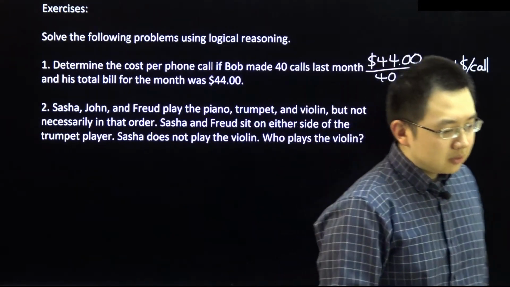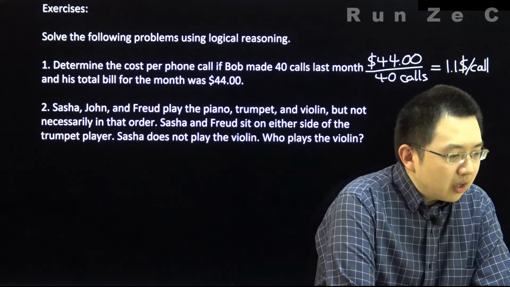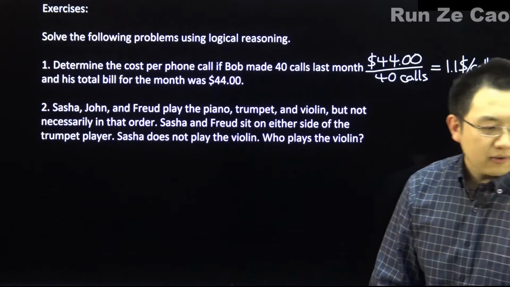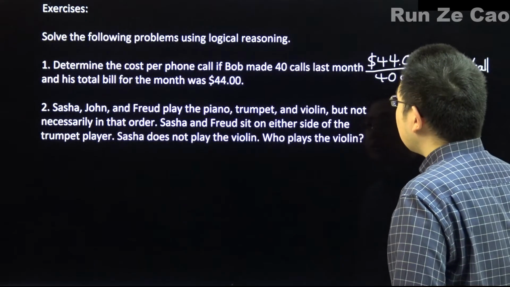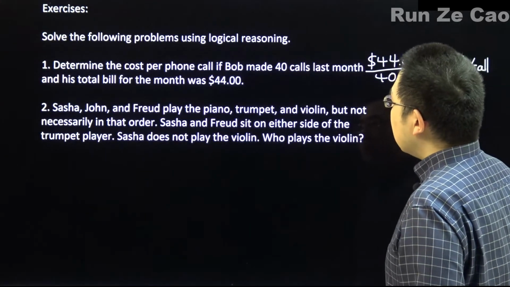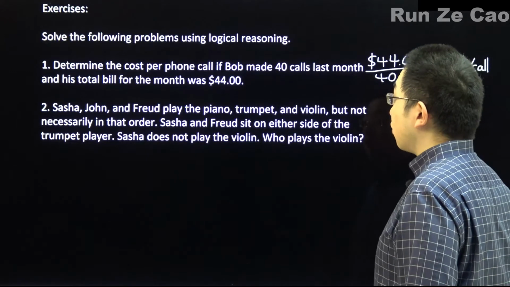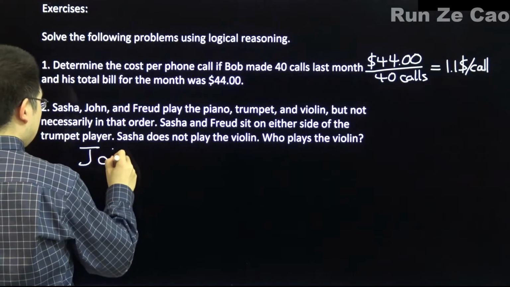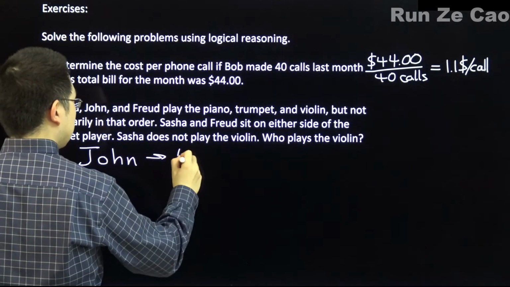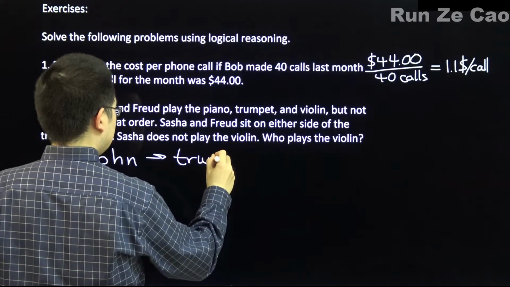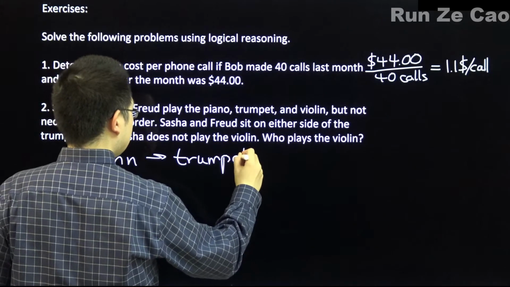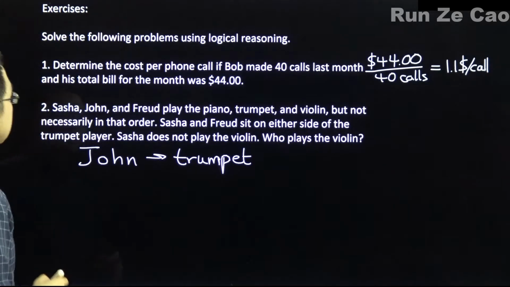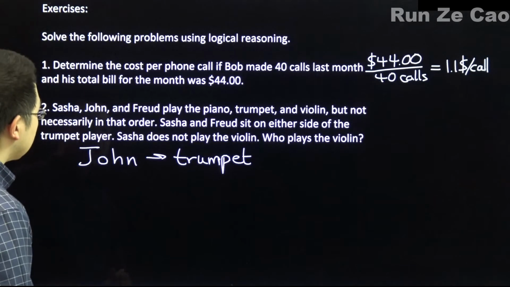Okay, Sasha, John, and Freud play the piano, trumpet, and violin, but not necessarily in that order. Now, Sasha and Freud sit on either side of the trumpet player, which means that John is the trumpet player. John, trumpet, and Sasha does not play the violin.